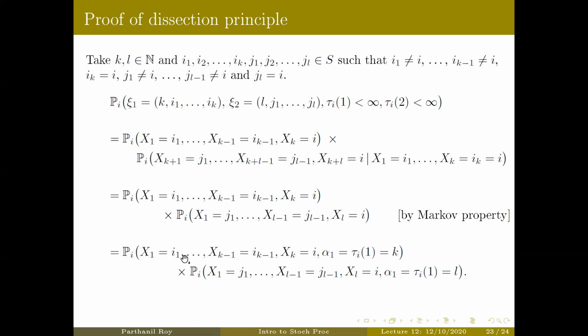So the first statement, this event, automatically implies, because of the choice of the states, I1 to ik minus 1 not being equal to I, that the first return time to I starting from I is actually equal to k. So therefore I can just put it in. It's automatic. So alpha 1, which is tau y1, is equal to k.